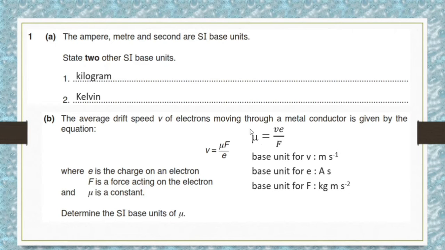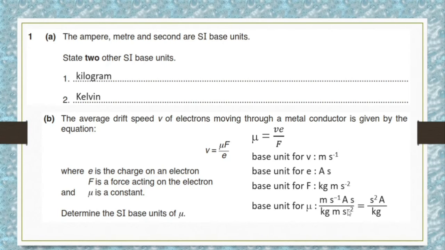So when we want to find the base unit of mu, it will be meter per second multiplied by ampere second divided by kilogram meter per second squared. So we will cross m out, and also s to the power of minus 1, and s can also be crossed out.